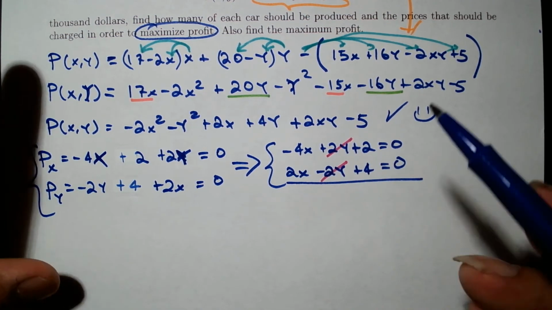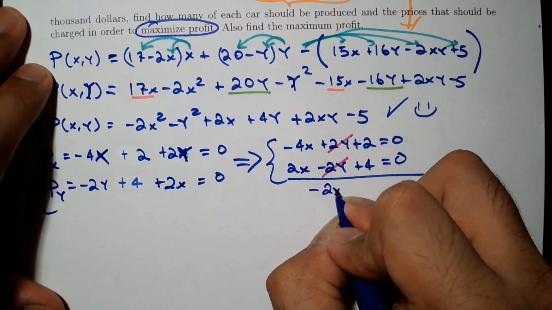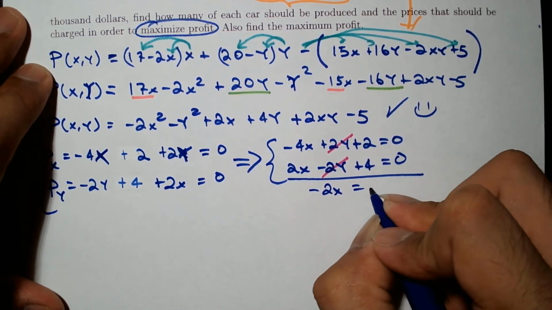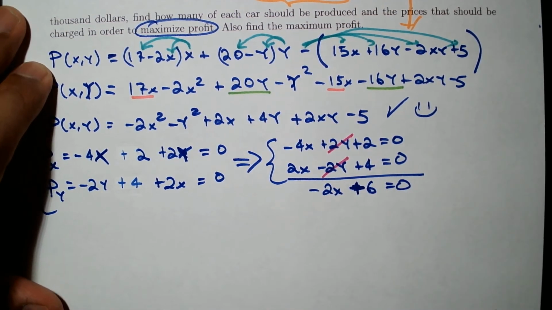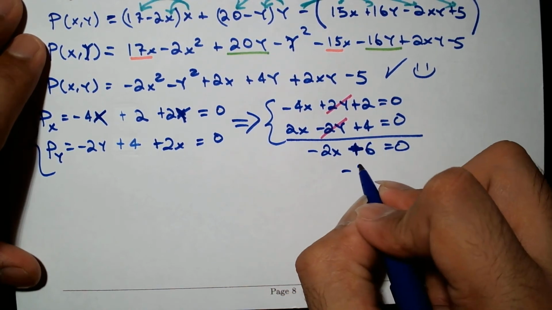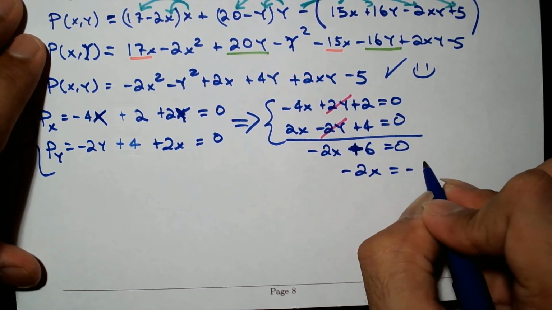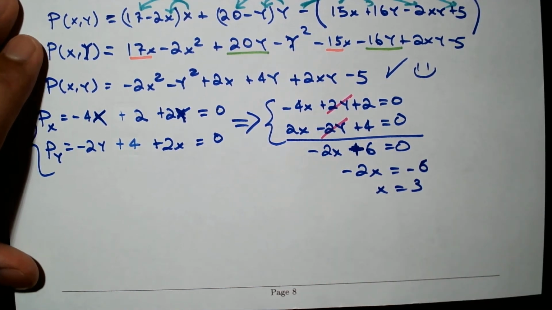Plus 2y minus 2y. So negative 4x plus 2x, that's a negative 2x. 2 plus 4 equals 6, equals 0. If we solve this mini equation, we obtain negative 2x equals negative 6, which gives us x equals 3.